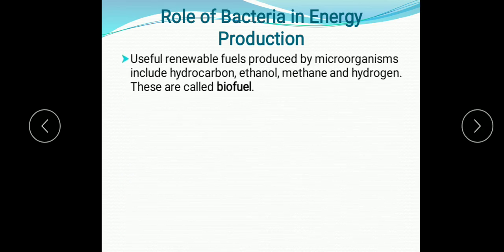Useful renewable fuels produced by microorganisms include hydrocarbon, ethanol, methane and hydrogen, and these are called biofuels.